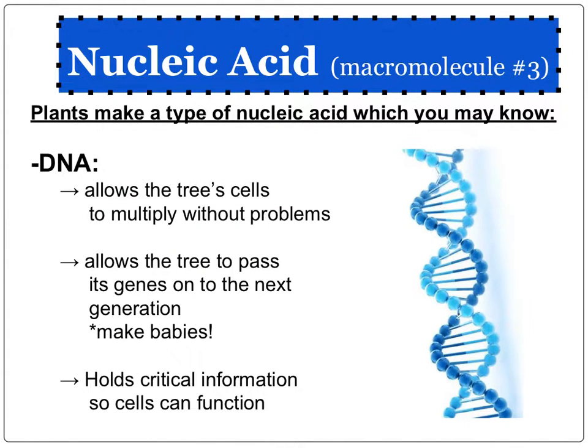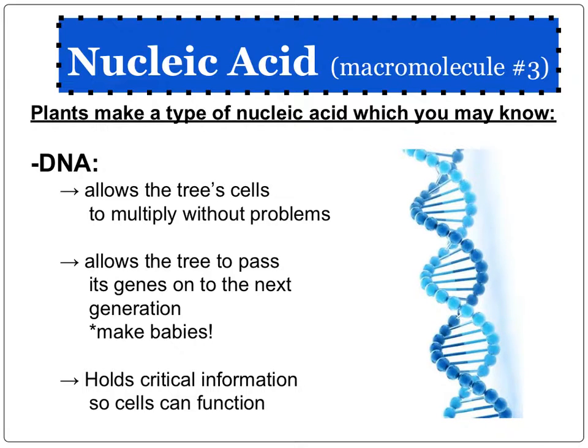Moving on to macromolecule number 3, first being carbohydrates, the second being lipids. We are now at nucleic acids. So nucleic acids are made by plants, and the one you will probably be familiar with is a type of nucleic acid called DNA. DNA allows the tree's cells to multiply without any problems, any errors.